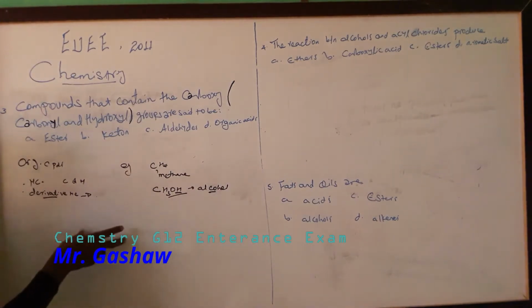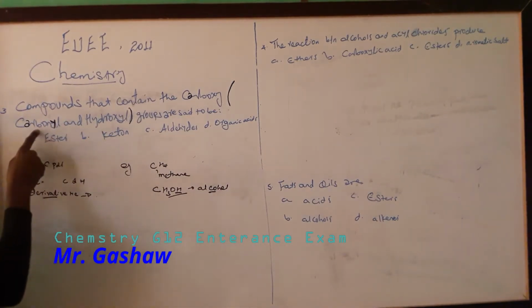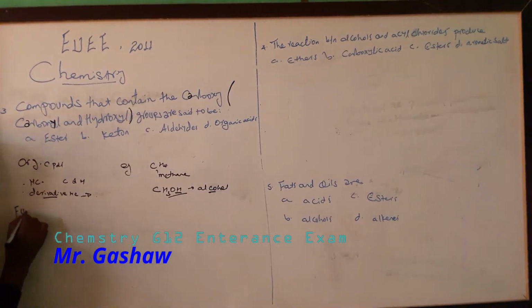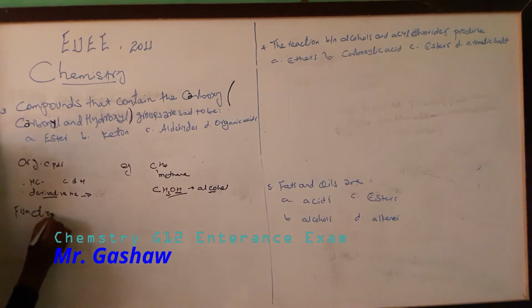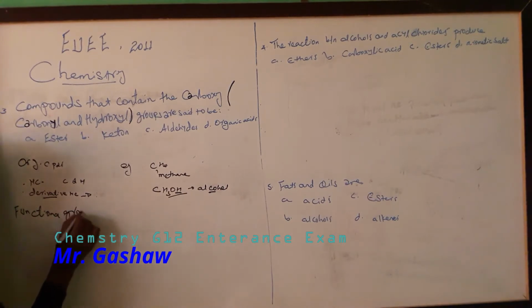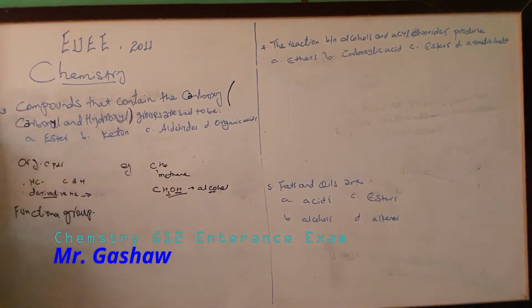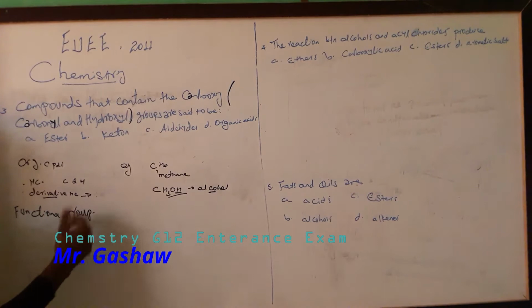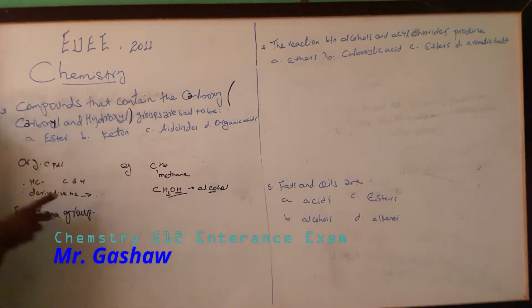So for the compounds that contain carbonyl and hydroxy, it is better to see what the functional group is. What does functional group mean? Functional groups are groups in molecules of compounds that determine the physical and chemical properties of that molecule and compound.